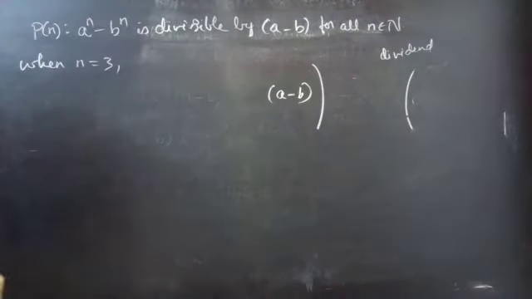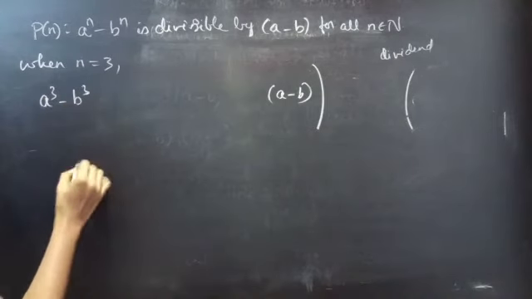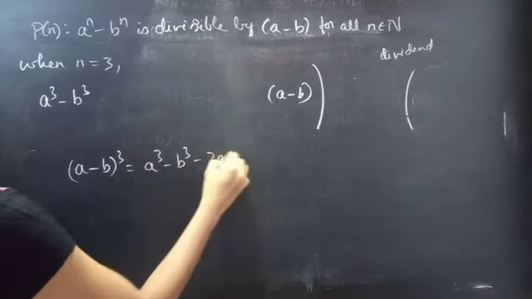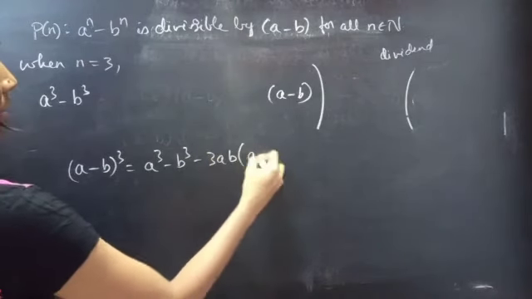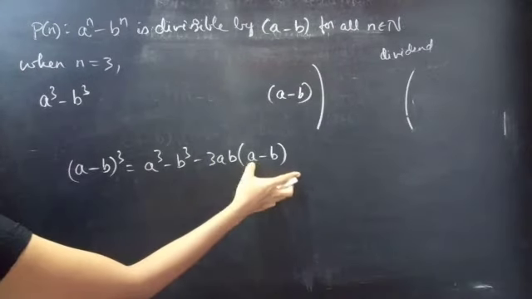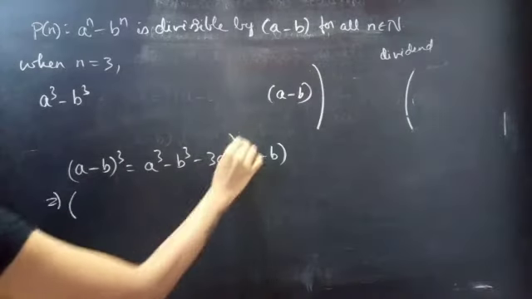When n equals 3, a cube minus b cube. We know that a minus b whole cube equals a cube minus b cube minus 3ab times a minus b, right? Now, take minus 3ab times a minus b to the LHS. Simply bring this term to the LHS.